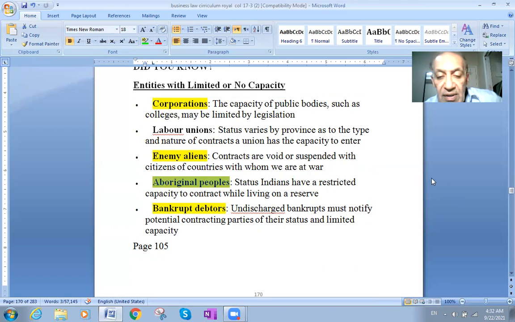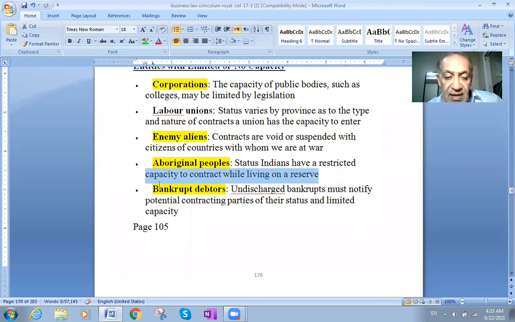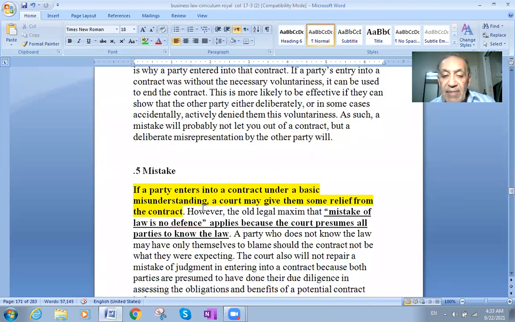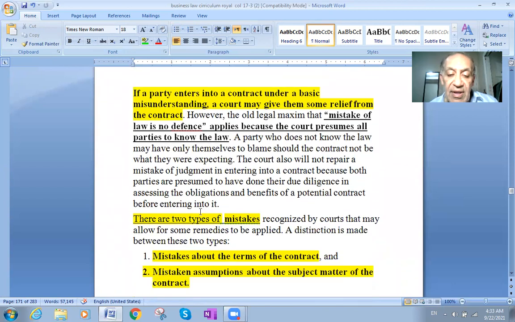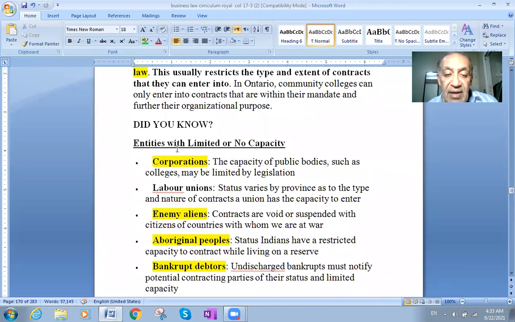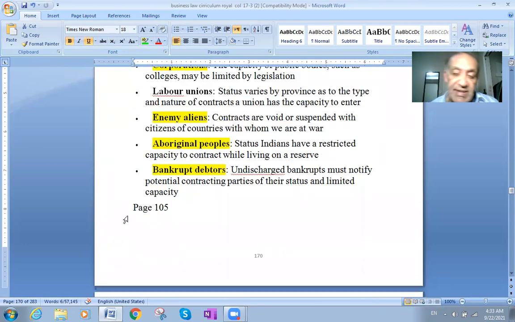Aboriginal people: status Indians have a restricted capacity to contract while living on a reserve. Bankrupts: undischarged bankrupts and discharged bankrupts must notify potential contracting parties of their status and limited capacity. So we have entities with limited or no capacities like those ones.